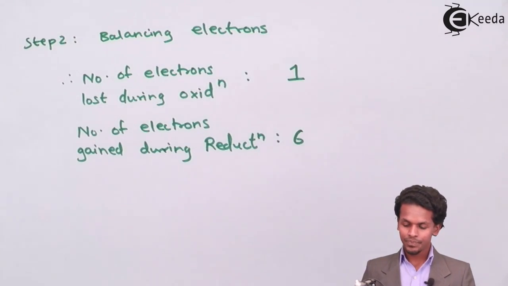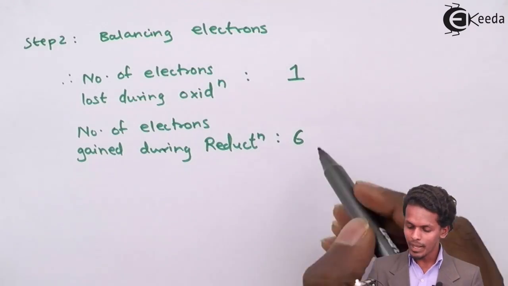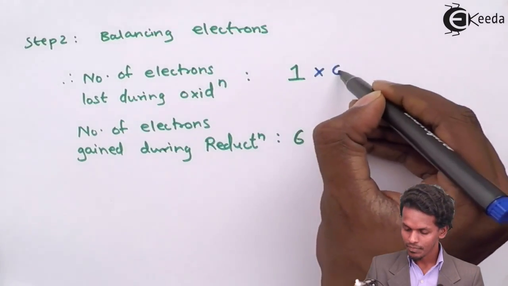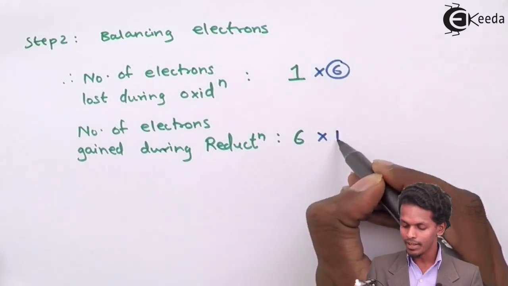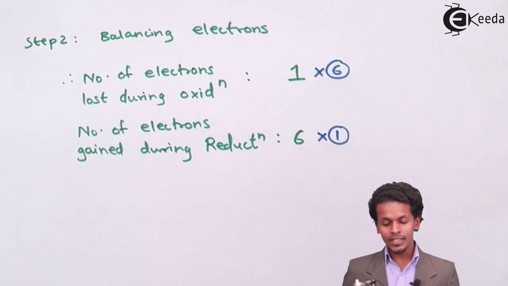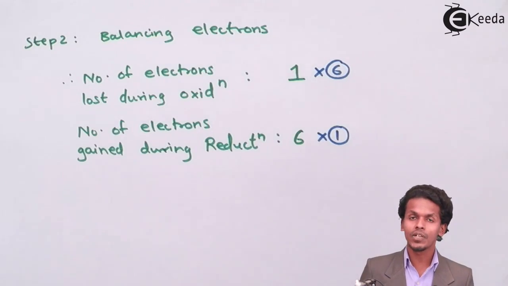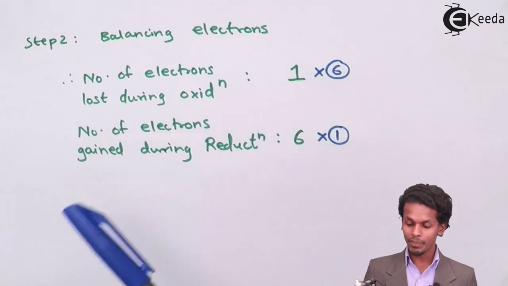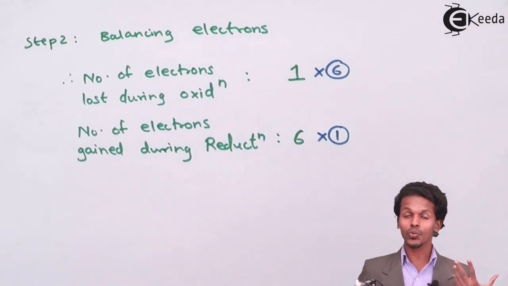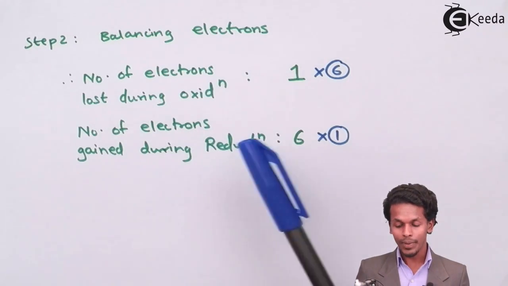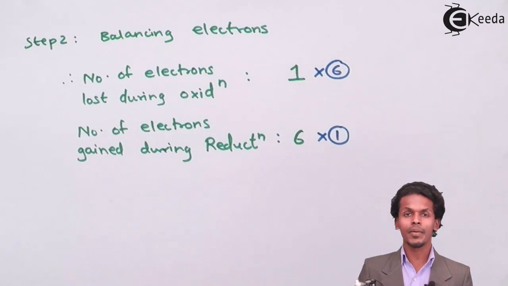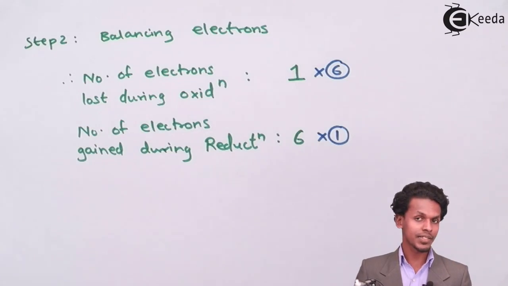As you can see, the 1 will be multiplied by 6, while the 6 will be multiplied by 1. It means the species that shows oxidation will be multiplied by 6, while the species that shows reduction will not be multiplied by any number. It should be as it is.